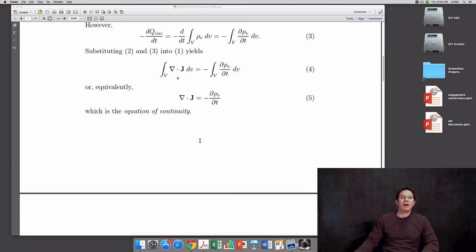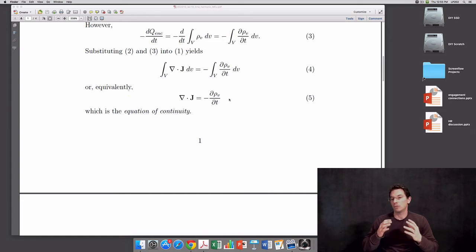It turns out that this law also holds pointwise as well as in aggregate, so we can drop these integrals and arrive at this expression: the divergence of the electric current density J is equal to minus the time rate of change of the volume charge density rho sub v. This expression, equation number 5, is the so-called equation of continuity.